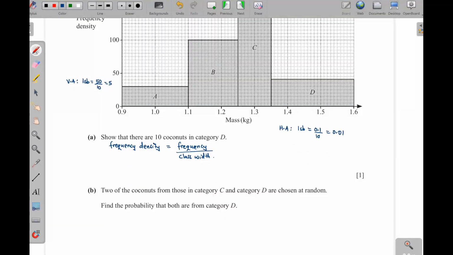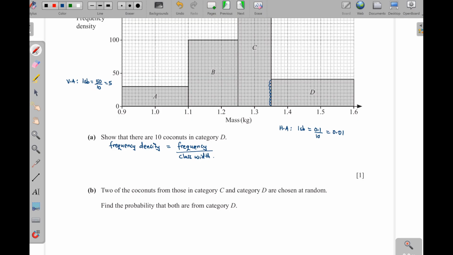Now, the frequency density here for category D, we are having 1, 2, 3, 4, 5, 6, 7, okay? Then 8, maybe you can see that this one is a quarter of the small box.